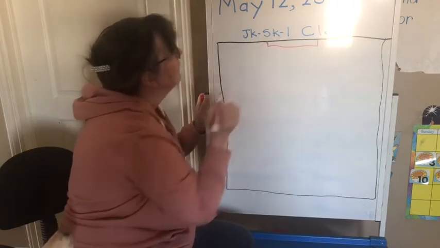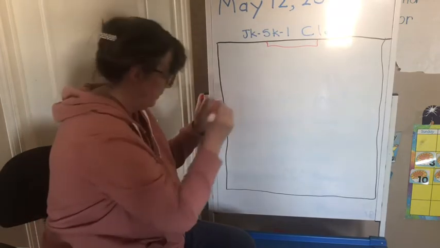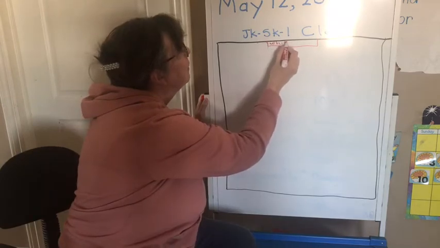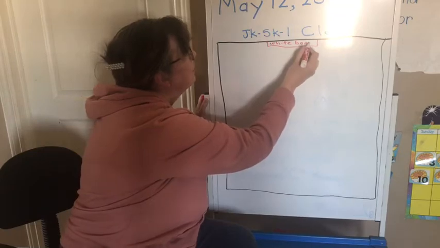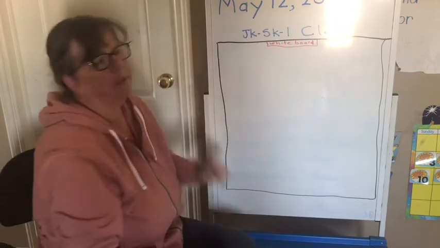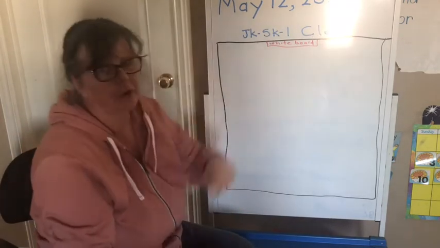Okay. And I'm going to label it whiteboard, so that people know what it is. It's not the same kind of whiteboard that this is, but our whiteboard where we do our computer stuff. Over here in this corner, we have our computer.